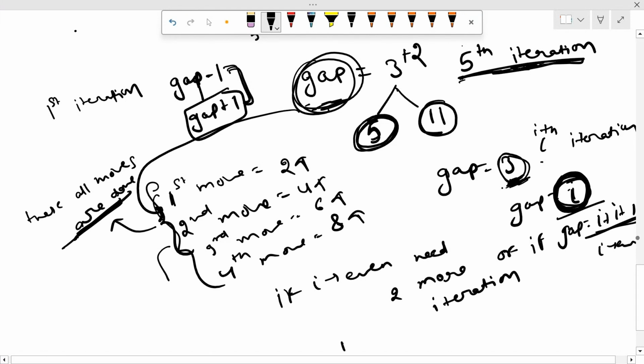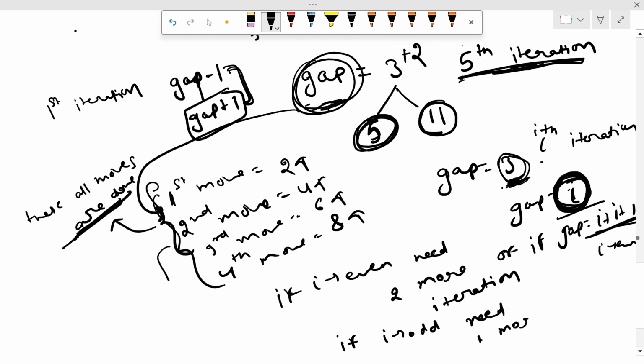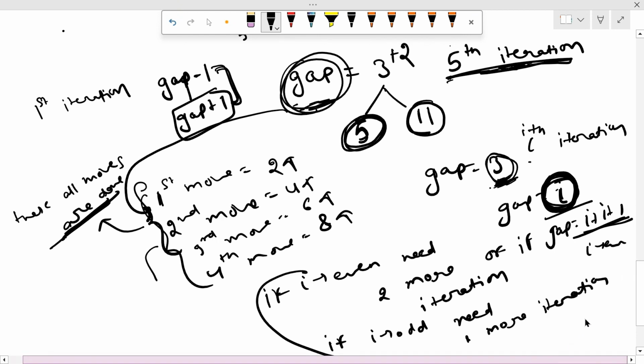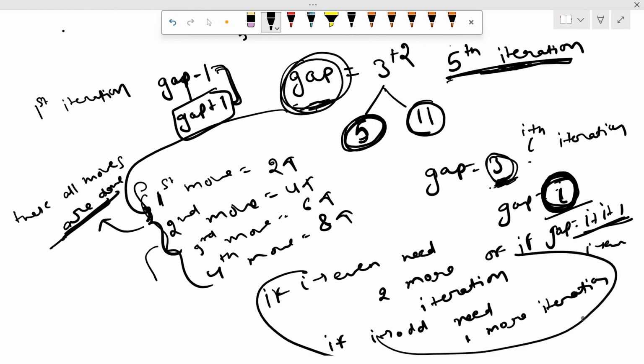Okay, and if i is odd, we need 1 more. So this is the condition which we make if the gap is odd.